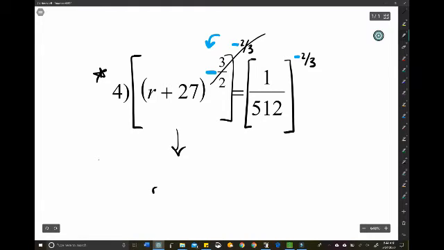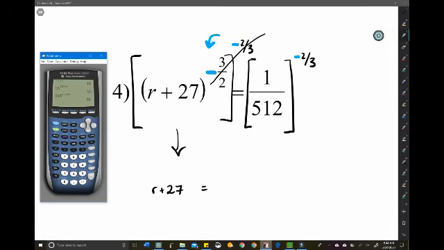R plus 27 will come out equal to, and here is especially where it's useful to use your calculator. Yes, you could try and do it by hand and such, but use your calculator. 1 divided by 512, raise it to the -2/3. And notice all these things, I have it in a fraction. I have parentheses. Those little things will help your calculator. So that's equal to 64.